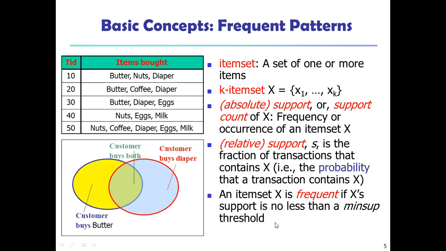While dealing with this problem, the user sets a minimum support threshold. There are a total of 5 transactions here. If we say minimum support is 2, it means that at least 2 times that particular item should appear in the given data set.